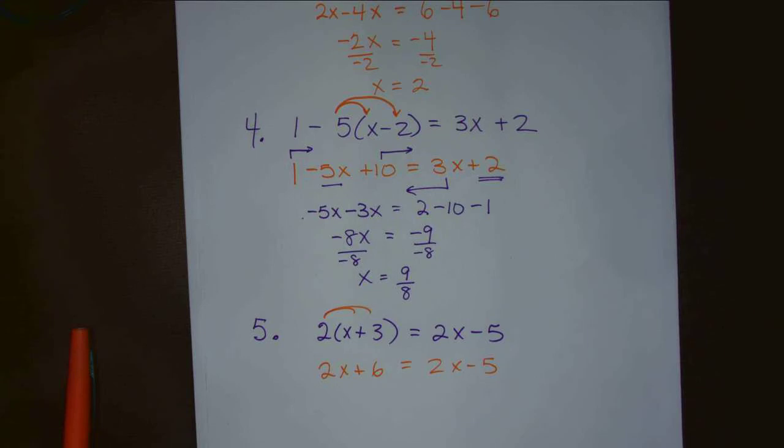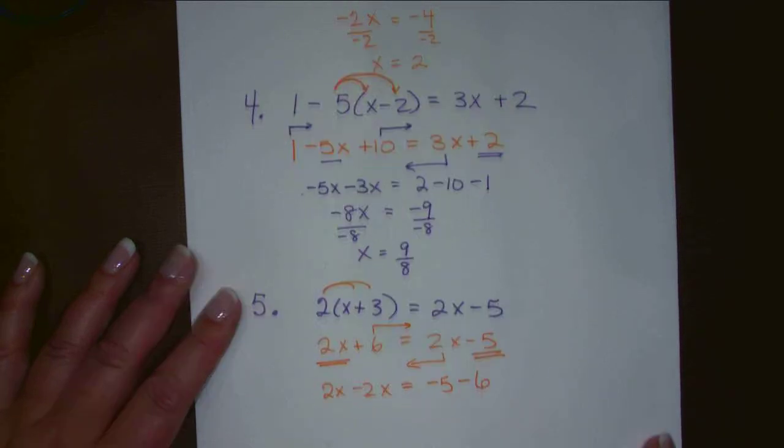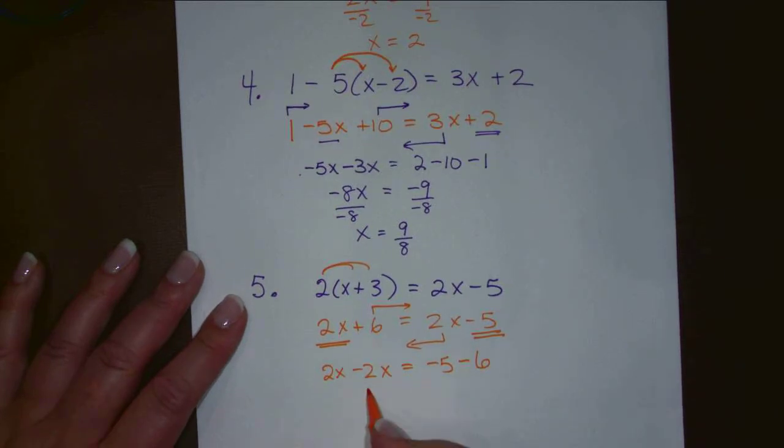But if you kept solving it, what actually happens here? So we're going to keep this 2x, move that one over, keep this -5, and move this one over. 2x minus 2x, 0.